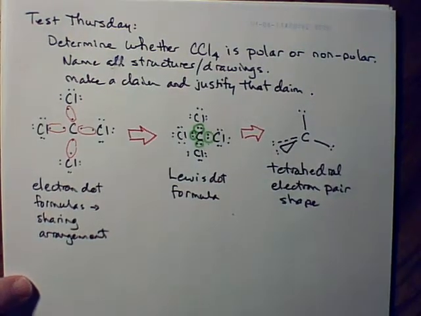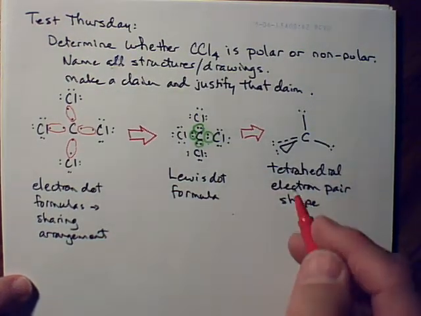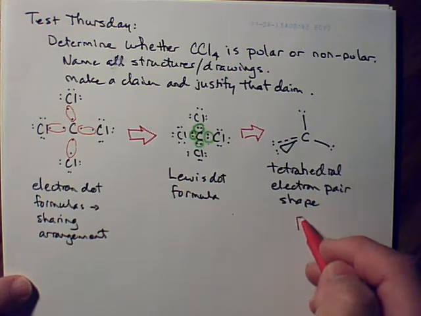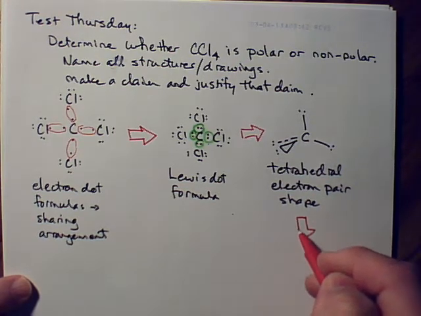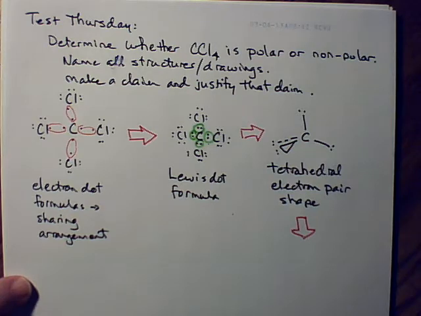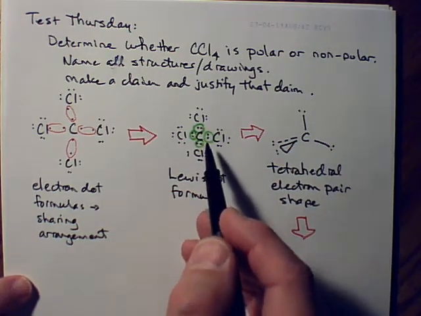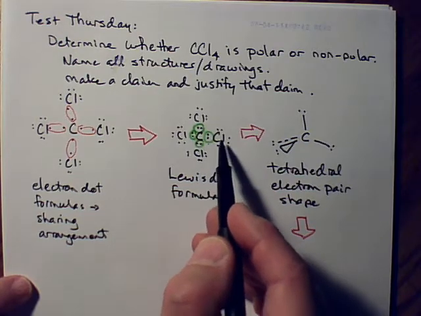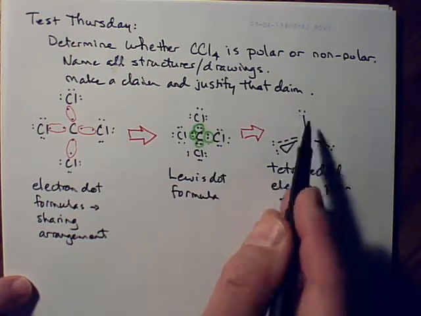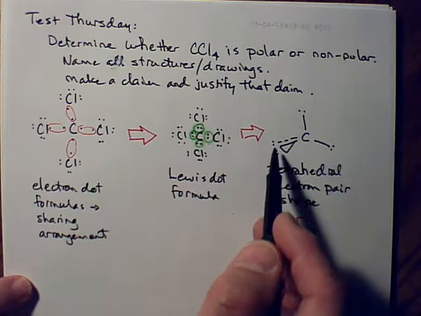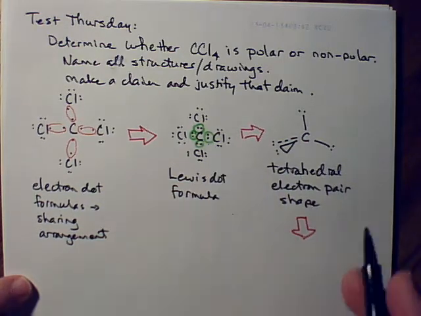Okay, from that tetrahedral electron pair shape then, we're going to replace any pairs of electrons that are shared with the atom symbol that belong there. In this case, all 4 sets are shared. So we're going to replace all 4 sets of electrons on all 4 of these arms with the element symbol for chlorine.